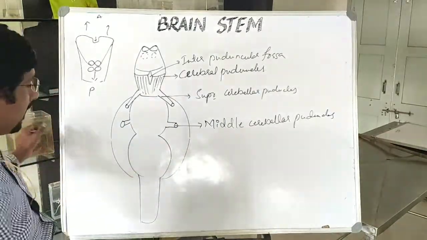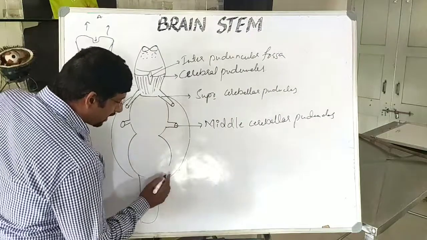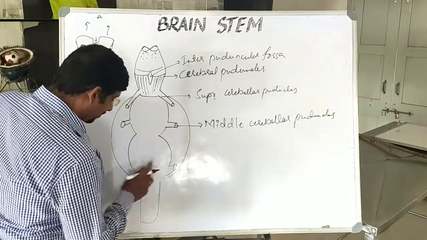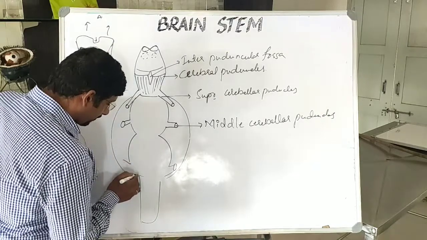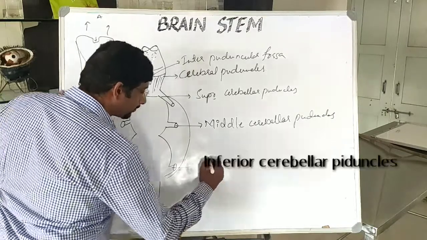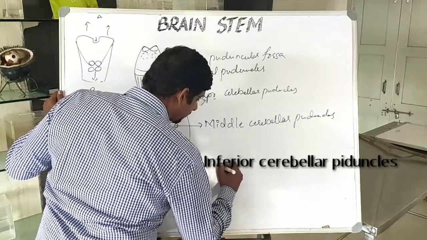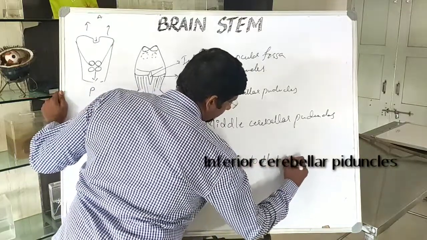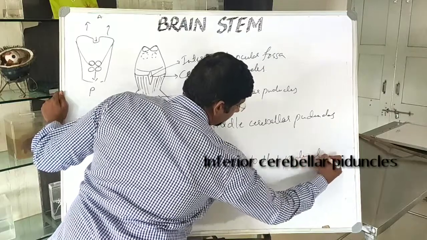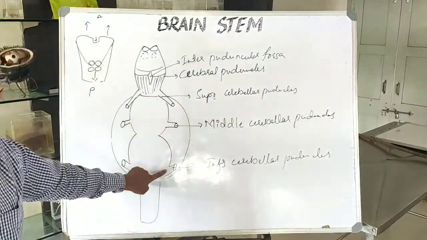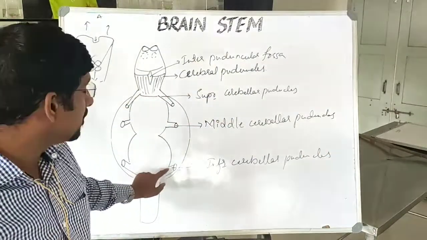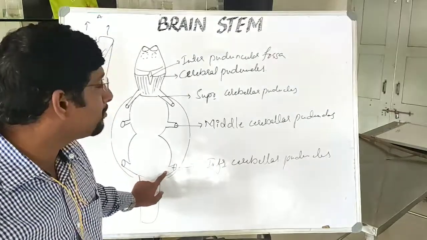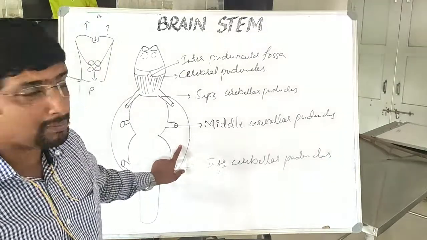And not only that, there are the inferior cerebellar peduncles, which connect the nerve fibers from the medulla oblongata to the cerebellum.